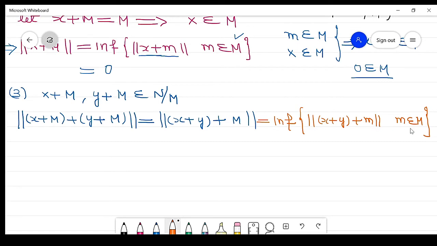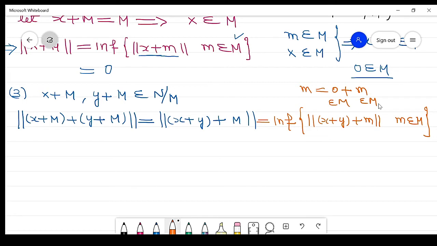Now this m belongs to capital M, and this m can be written as 0 plus m, right? 0 also belongs to M and m also belongs to M. Clear?